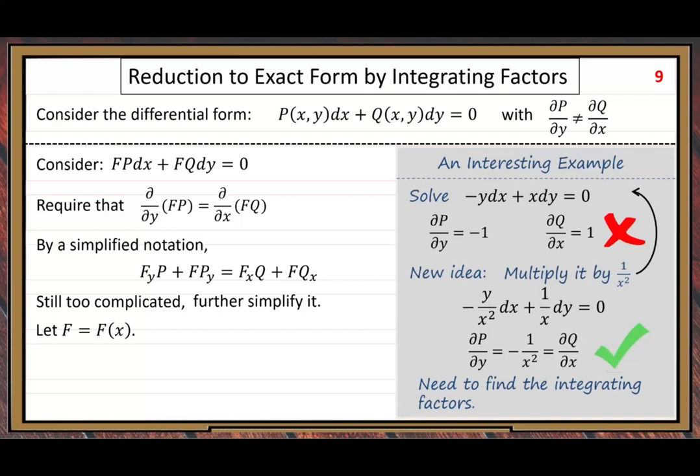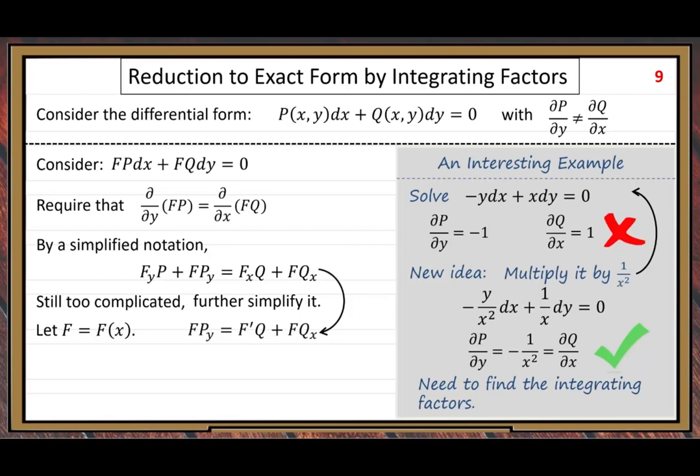F is a univariate function, one variable. If no Y, then when you take the partial derivative on Y, it's 0. F sub Y becomes 0. So this term is gone. At least one term is gone.